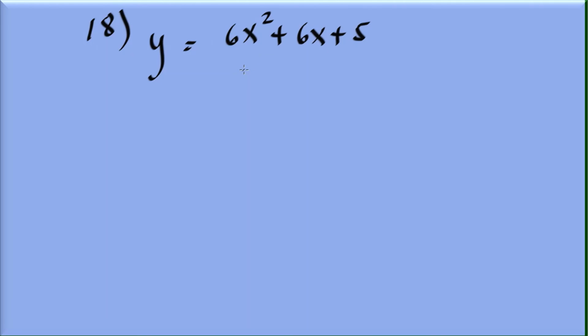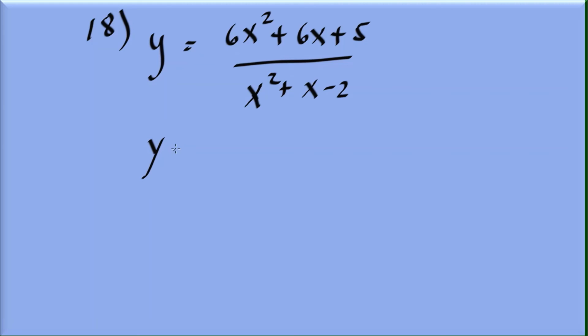Okay, now challenge for number 18. Can we use the shortcut here? Shortcut for quotient rule. Let's say you have 6x squared plus 6x plus 5 over x squared plus x minus 2. Okay, if you look at the variables, we have x squared and x. But the numerator, you have 6x squared plus 6x. Denominator, you have x squared plus x. So obviously, they're not exactly the same.